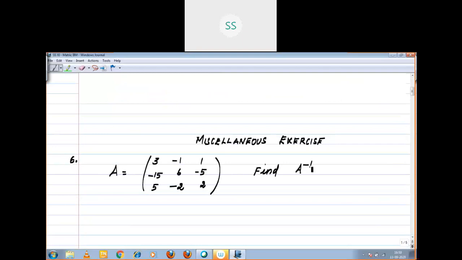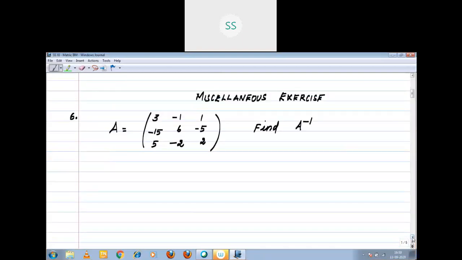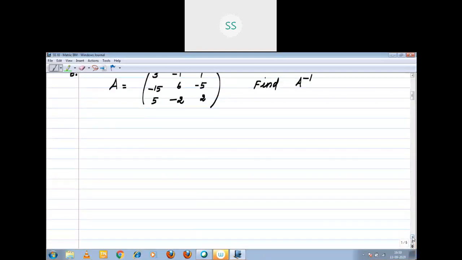Now, what is the formula for A inverse? Anyone? You have to participate, right? Yeah, very good. A inverse equal to 1 by determinant A into adjoint A. Got it, children? First, we should find out what is determinant A.